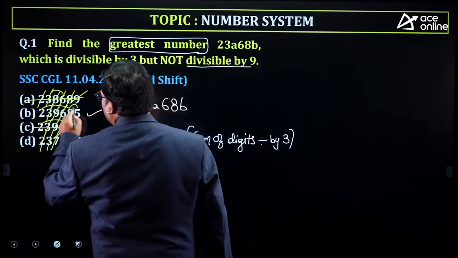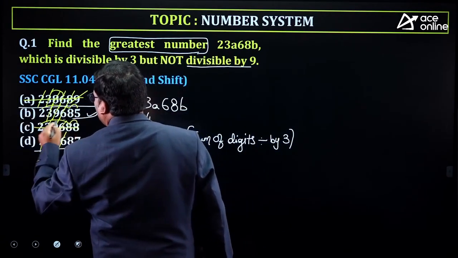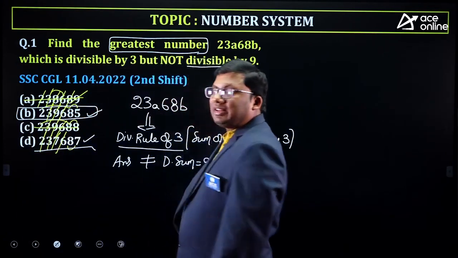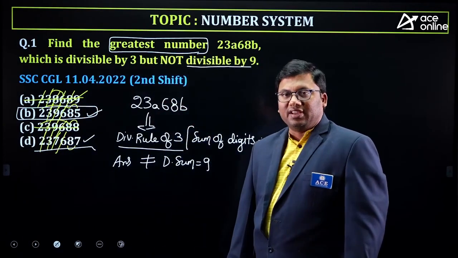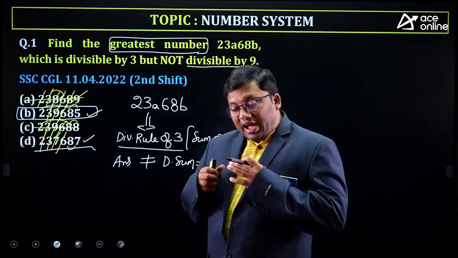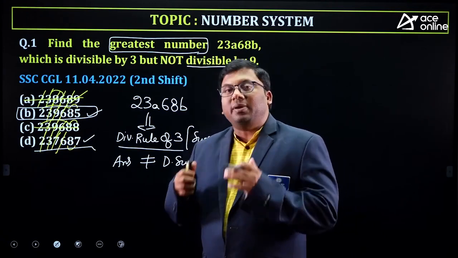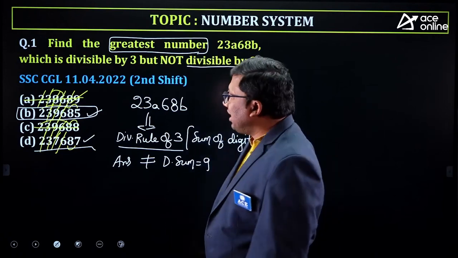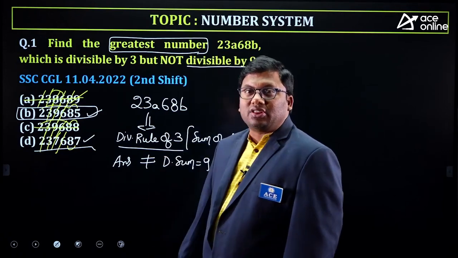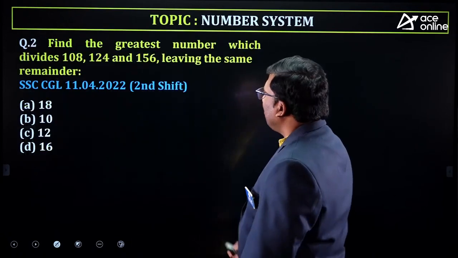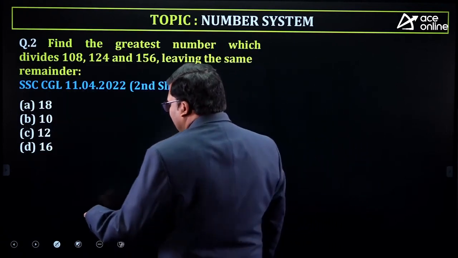That means the largest is 2,39,685. I hope the idea is clear. The sum of the digits should be divisible by 3, but it should not be divisible by 9. That is the entire idea of the question. The question is based on the divisibility rule of 3.